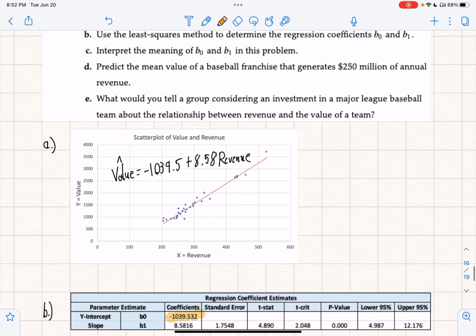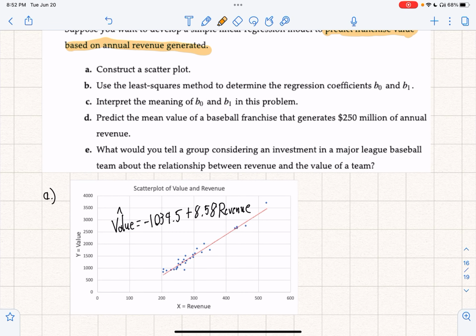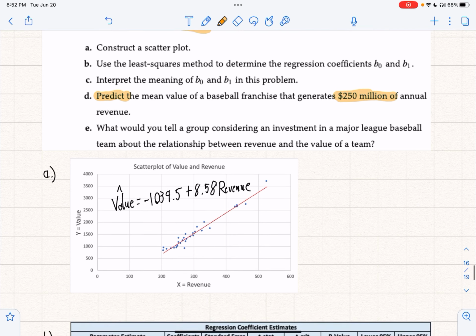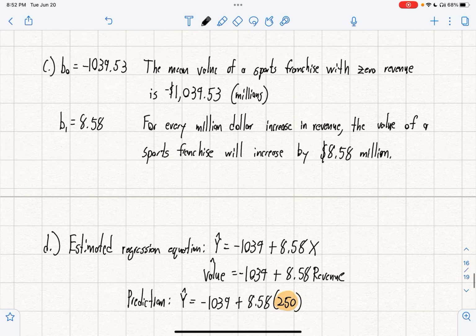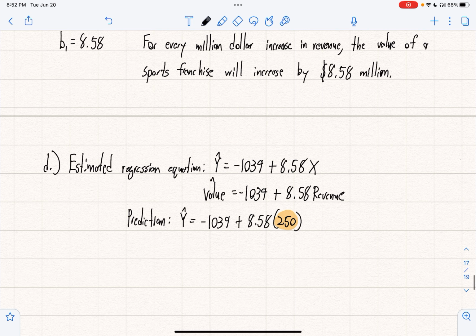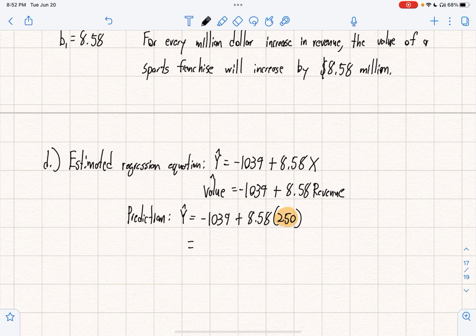That's from our prediction. So we wanted to predict the value for $250 million of annual revenue. So that's why I put 250 there. And when we calculate that, we get a value of 1,105.86. Again, we could say millions of dollars.